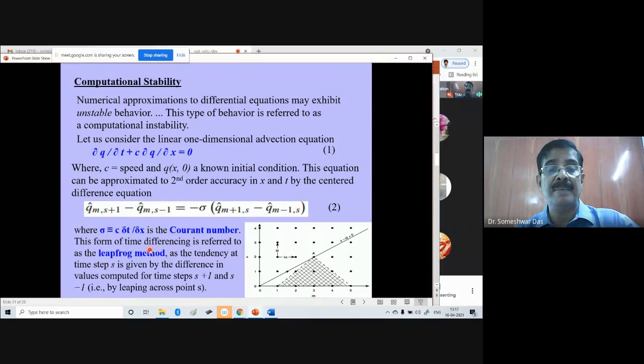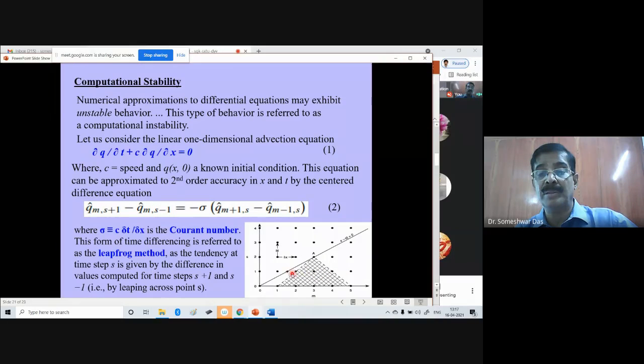This form of time differencing is referred to as the leapfrog method. The central time difference is also known as the leapfrog scheme, because in this scheme we jump by one point. Suppose you are at this point, then you jump to M plus 1, the next point.